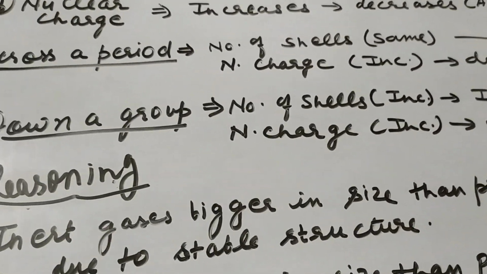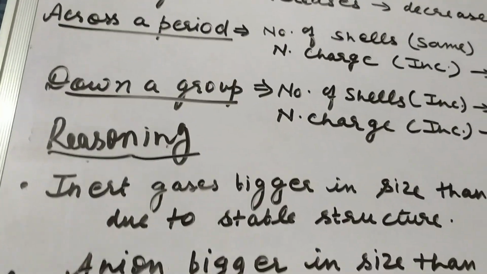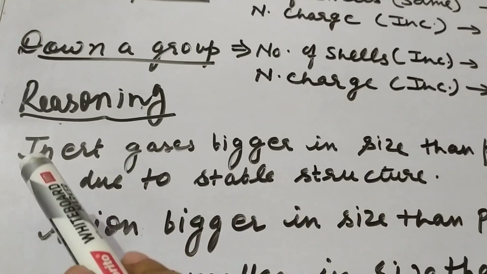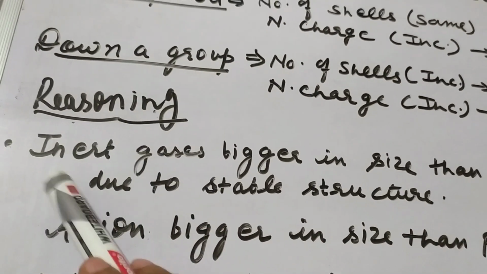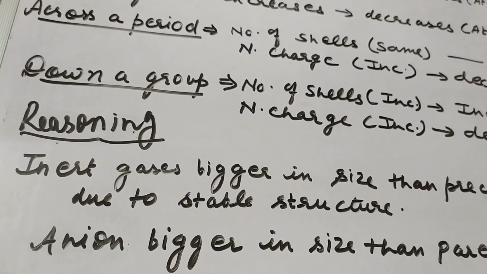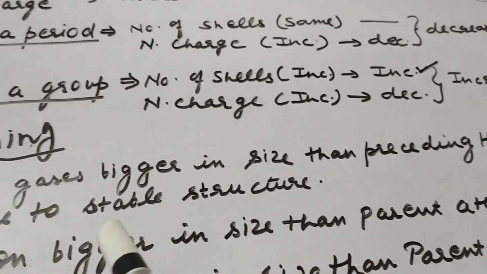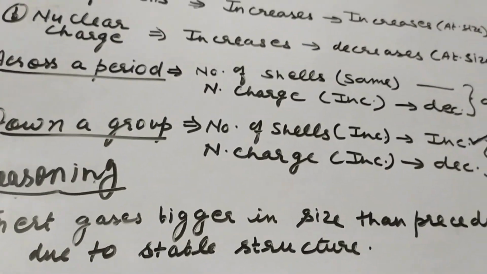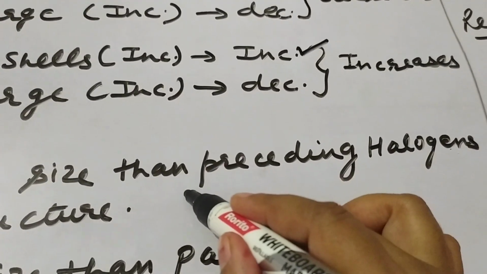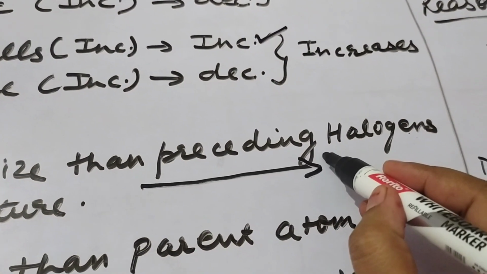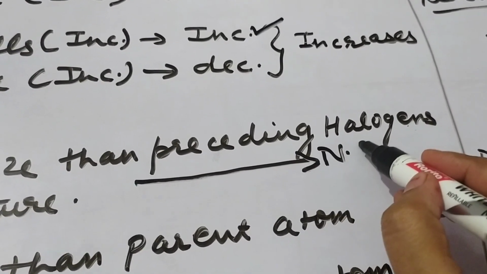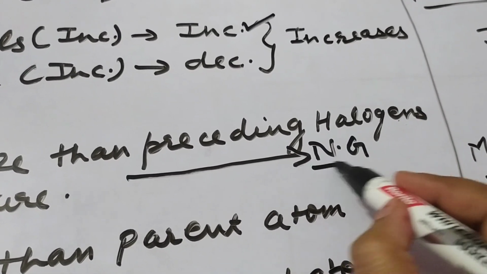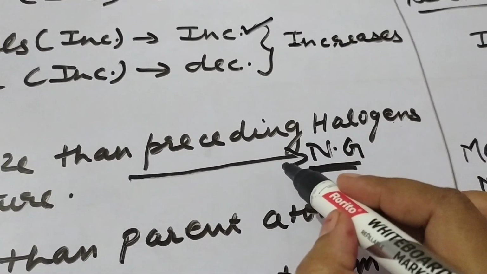Now here the two reasons most frequently asked are, number first is inert gases, and this is also an exception. Inert gases are slightly bigger in size than the preceding halogen atom. The size will go on decreasing across a period. I have told you the size will go on decreasing, but the noble gas here at the last will have a slightly bigger size than the preceding halogen atom.